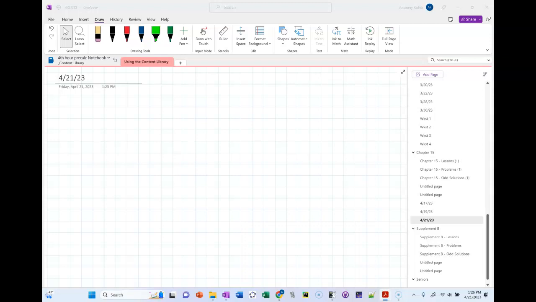Today, we're going to be looking at 15.2. And in 15.2, we're going to be making exponential and logistic models.